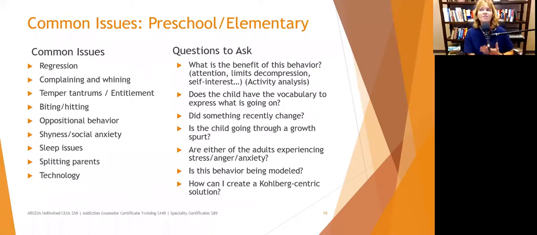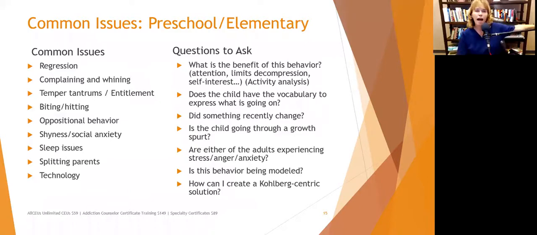Does the child have the vocabulary to express what's going on? Regression, complaining, whining, temper tantrums, biting, oppositional behavior, all of these things can happen if the child has something going on, anxiety or stress or depression, that they don't know how to articulate. Did something recently change?